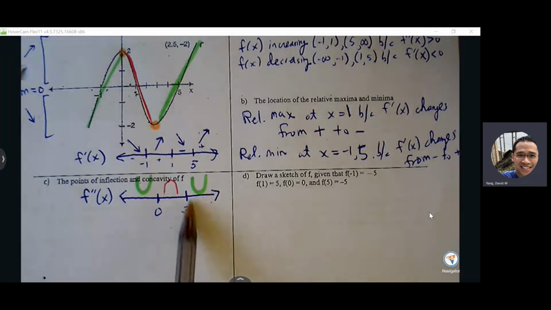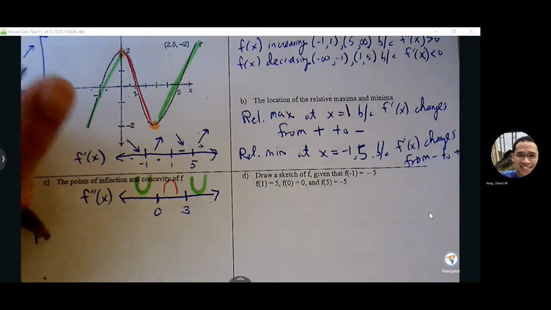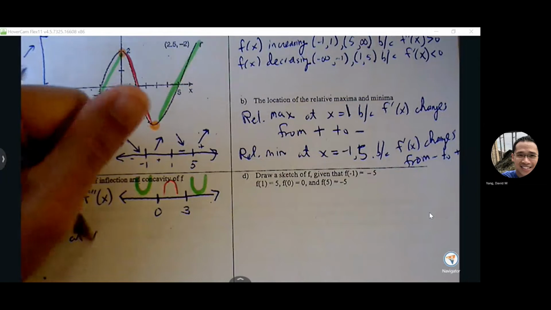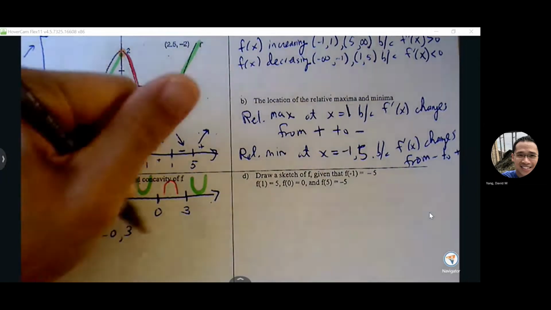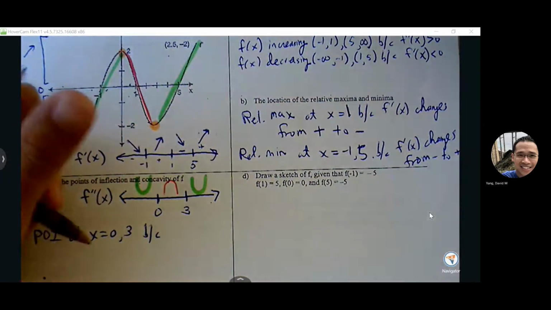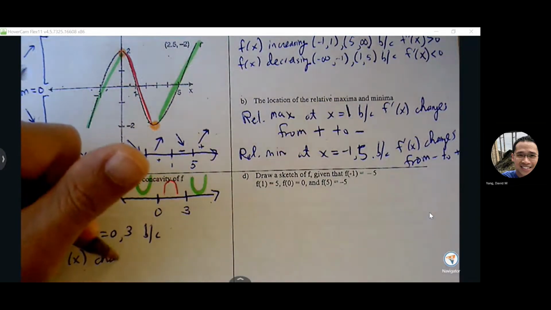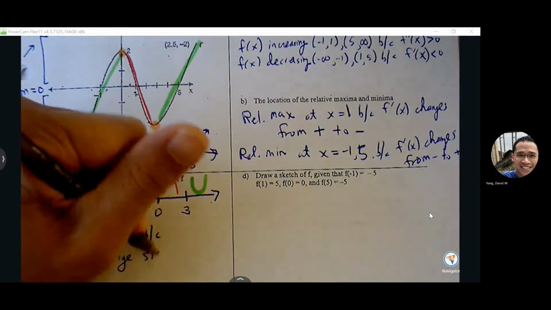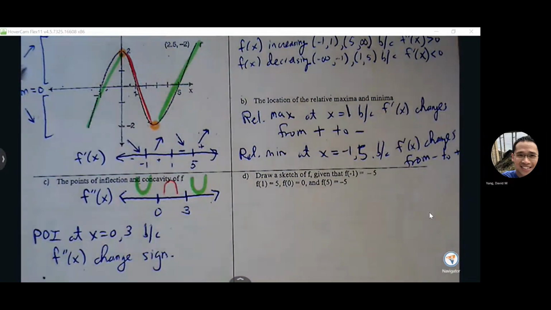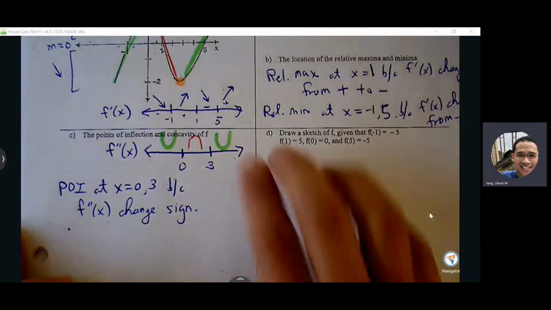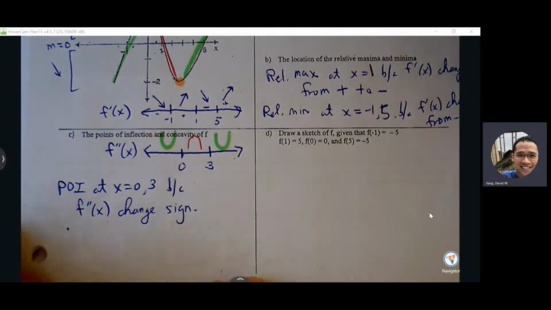Okay, so points of inflection we can clearly see at 0 and 3 because there's a change in sign. Concavity: concave up on 2 intervals, and the middle interval is concave down.